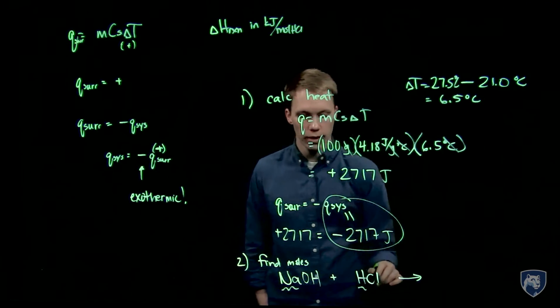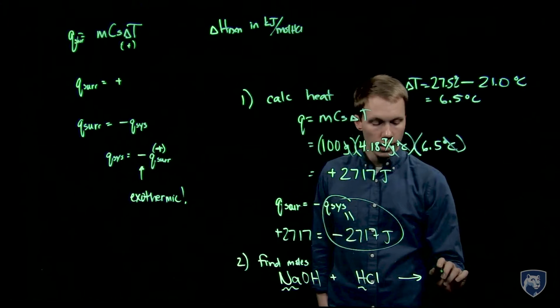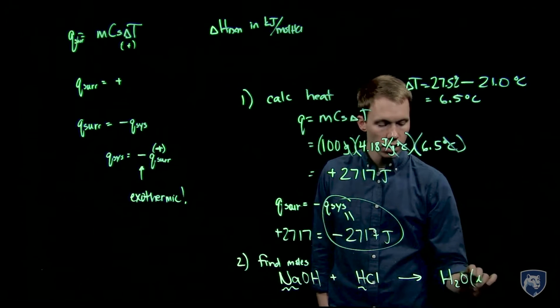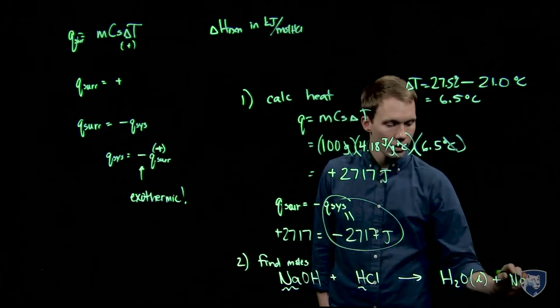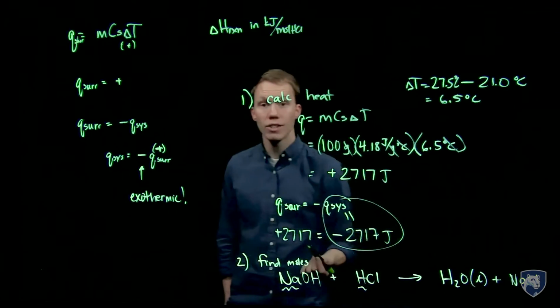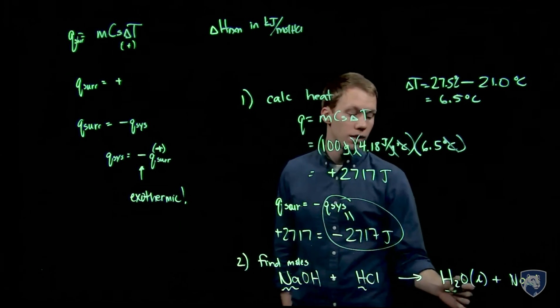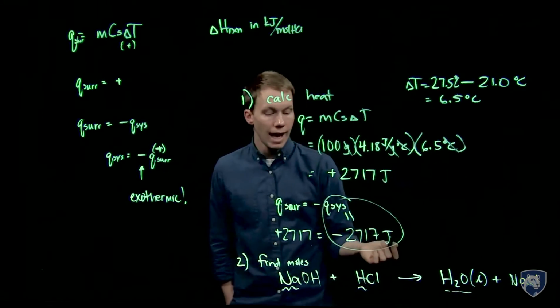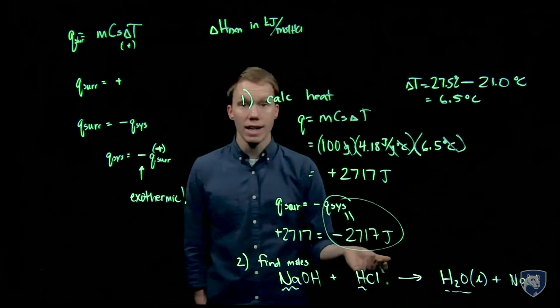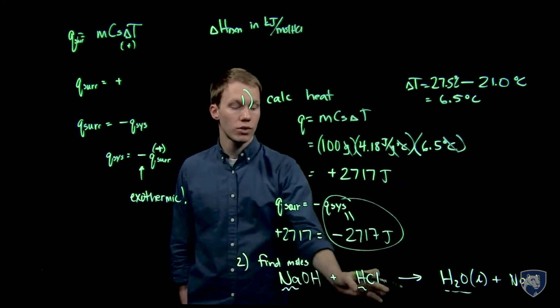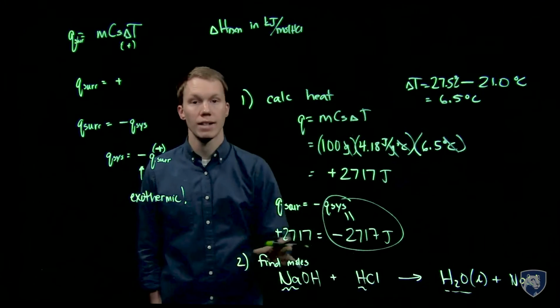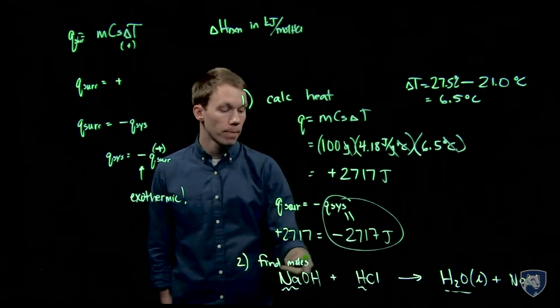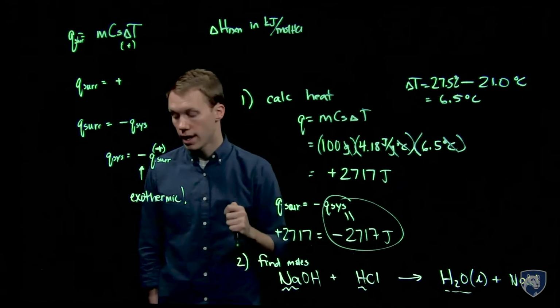We'd swap the metal and the hydrogen to give water and NaCl. The driving force for this reaction would be the formation of that non-electrolyte water. And balancing it is already taken care of. This is a strong base, strong acid reaction, so it reacts 1-to-1 and gives water and NaCl.